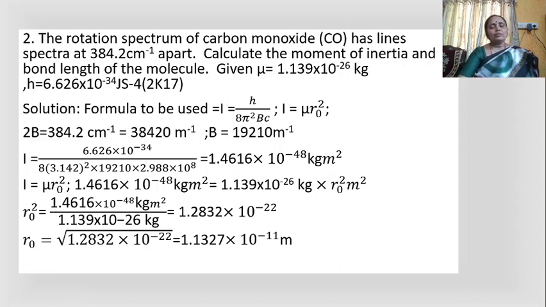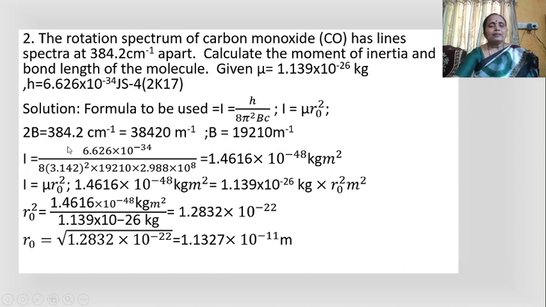Using these two formulas, I am going to determine the moment of inertia and the bond length of the molecule. First, I have to determine the rotational constant B. And I know in the rotational spectra, the lines are separated by 2B. So 2B is given as 384.2 centimeter inverse, because the lines are separated by 384.2 centimeter inverse, that is, this is equal to 2B.